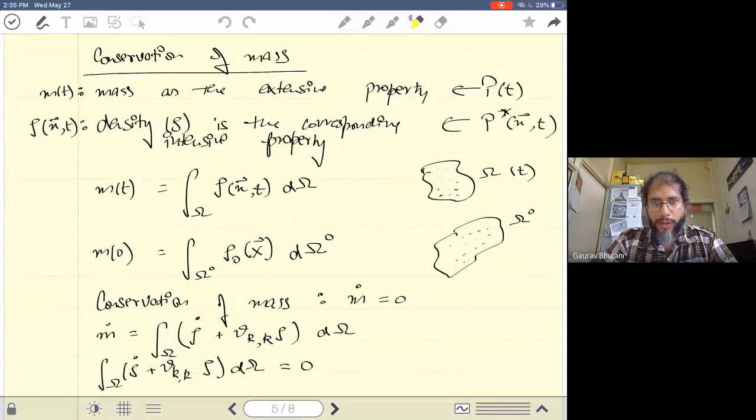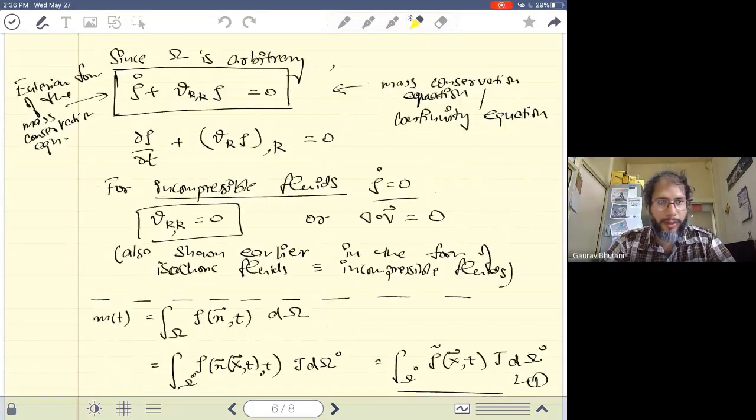In this case, our intensive property was density and the extensive property was mass. When we applied that, we finally obtained the continuity equation, or the conservation of mass equation, in the Eulerian form, which is shown on the top in the boxed equation.